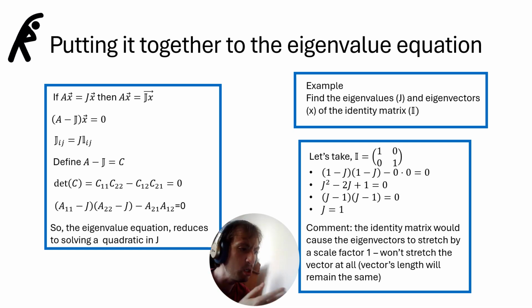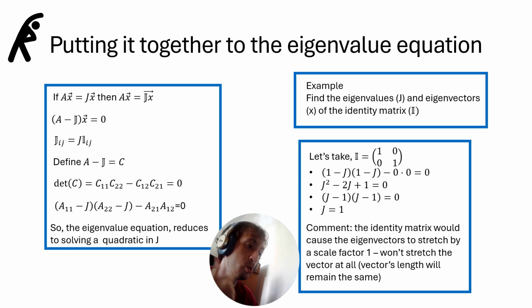And using the recipe we have for finding the eigenvalues of this matrix, we end up ultimately having a quadratic in J that we can factorize, and then we get a repeated solution. It's repeated because both brackets that we end up with refer to J having this particular value, and this particular value is 1. So, usually if we have 2 by 2 matrices, we end up having a quadratic in J.